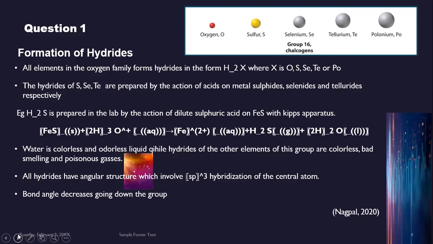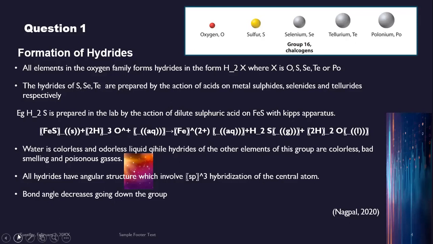For example, the bond pair in the oxygen-hydrogen bond is closer to oxygen than the bond pair in a sulfur-hydrogen bond. As a result, the force of repulsion between the bond pairs of electrons in water is more than the repulsion in hydrogen sulfide.